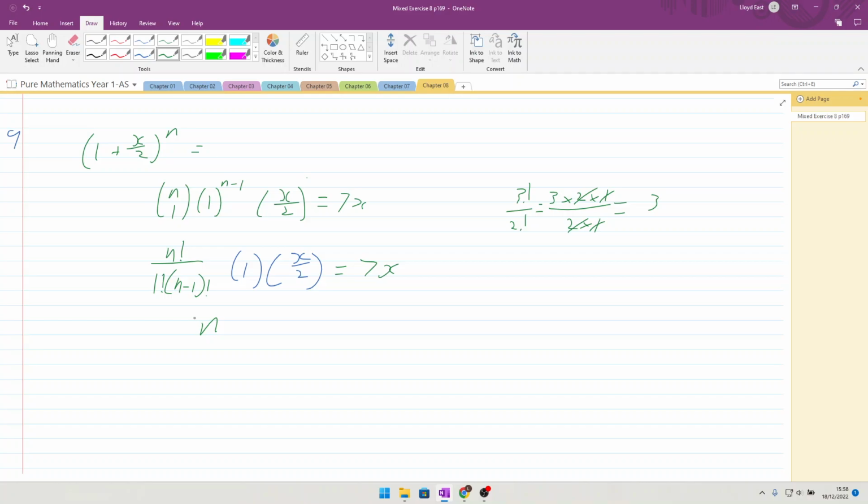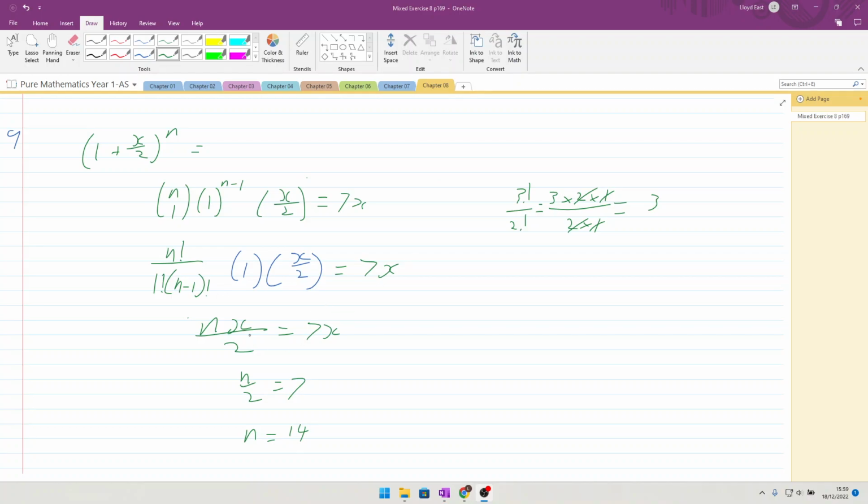So nx over 2 equals 7x. We can divide through by the x's: n over 2 equals 7, meaning n equals 14 for question 9.